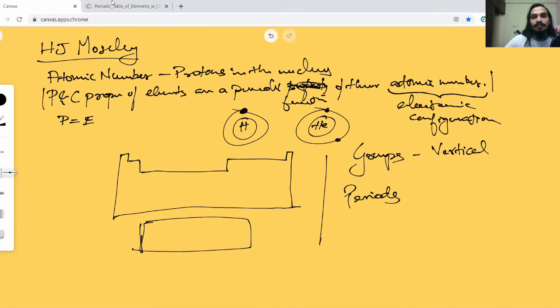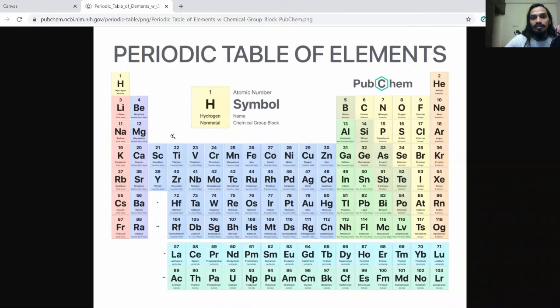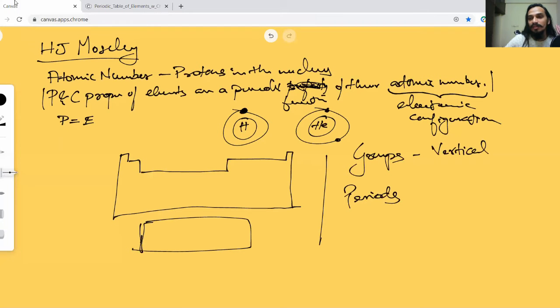So there will be 1, 2, 3, 4, 5, 6, 7, 8, 9, 10, 11, 12, 13, 14, 15, 16, 17, 18. If you count it, you will find there are 18 vertical columns. So vertical, and there are 18 groups in total. There's a different numbering for 1 to 18.